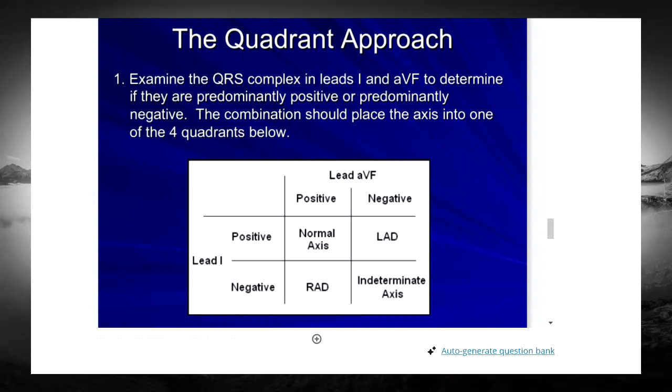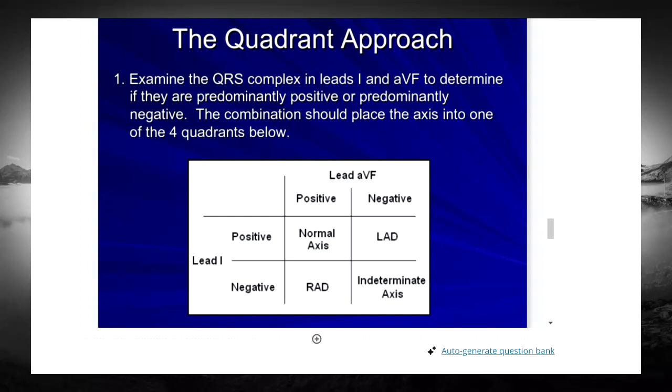The way that I learned this, which helped me the most, was forgetting this box and using my thumbs. So I want everybody to use your thumbs and put your pens down. Your left thumb is going to be the most leftward on the ECG. The most leftward lead is going to be lead 1, so that's your left thumb.